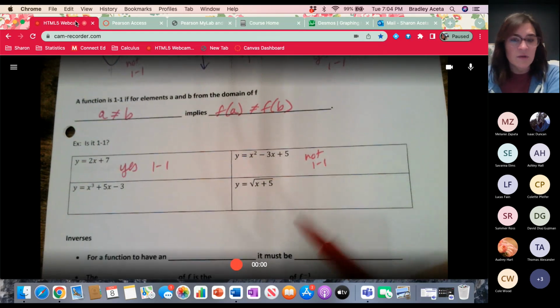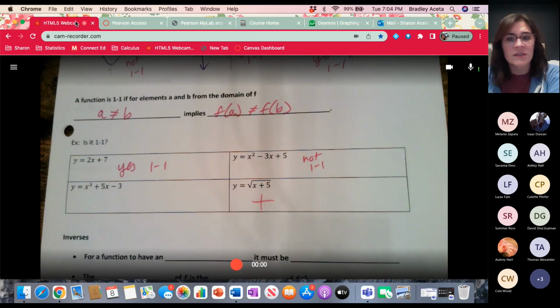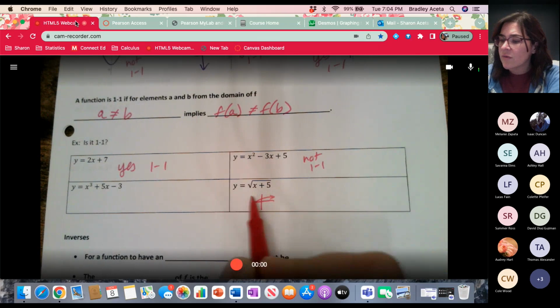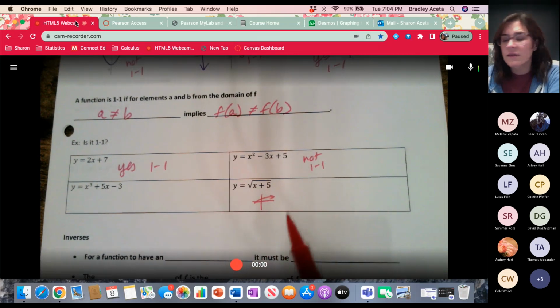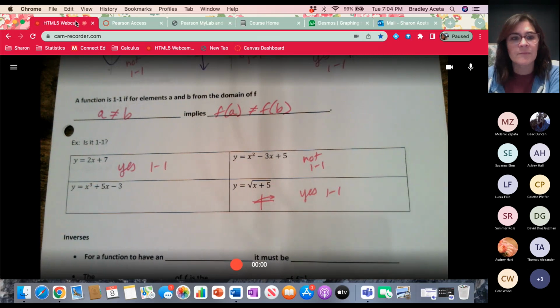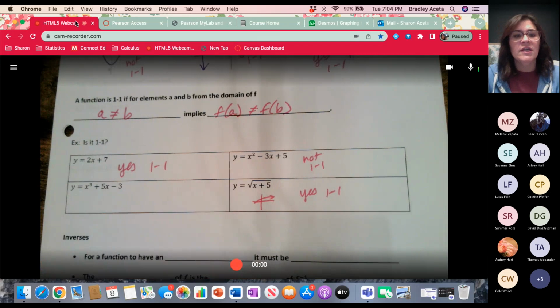Okay. This one is a square root. If you remember what this one looks like, again, you can put it into Desmos, but it shifts over to the left 5. If you do a horizontal line, it will only cross once. So yes, this is one-to-one. And then this one is your cubic function, x cubed plus 5x minus 3.